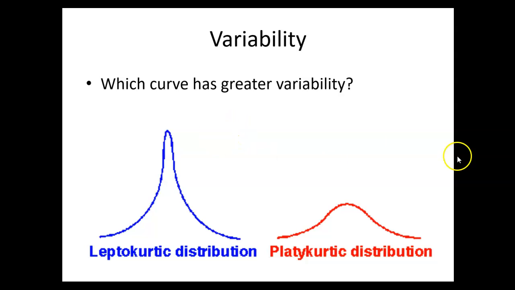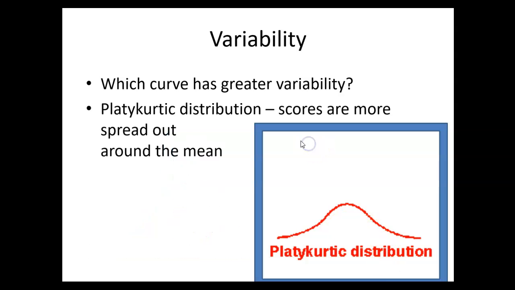Graphically, curves might look like this. If we have what's called a platykurtic distribution, then that means variability is spread out around the mean, versus a leptokurtic distribution, where most scores are very close to the mean. So in this case, my golf scores would be more spread out. I would have a platykurtic distribution.